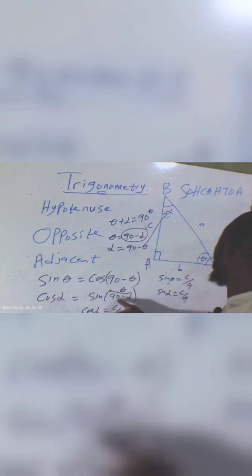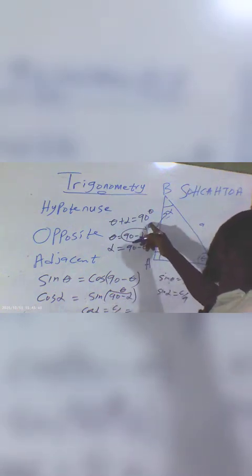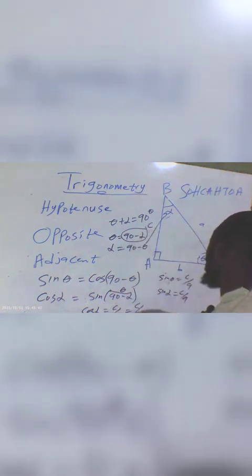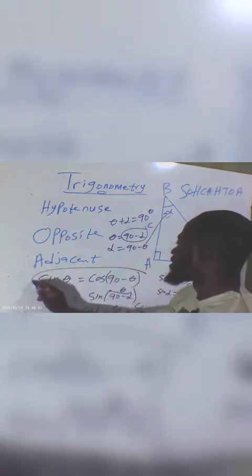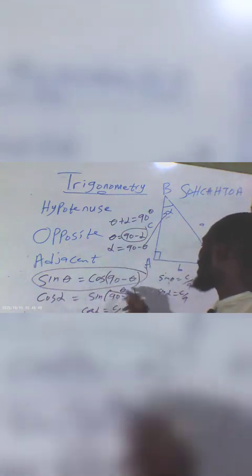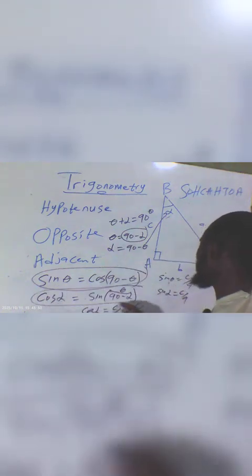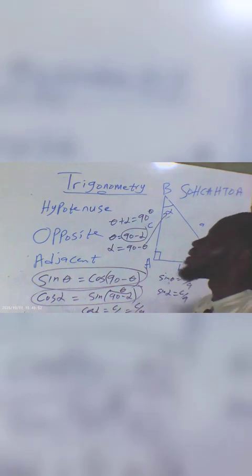So sin theta is opposite over hypotenuse, C over E. Hence sin theta is equal to cos of 90 minus theta, and cos alpha is equal to sin of 90 minus alpha.